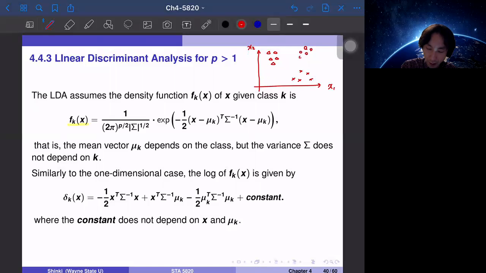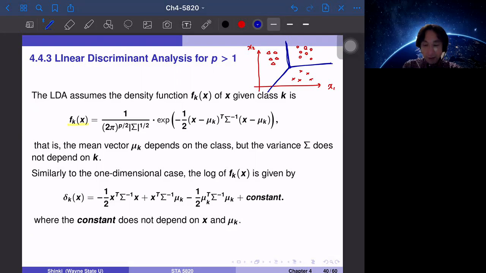What's the boundary? That is our interest. So probably the boundary should be like this. And actually, for linear discriminant analysis, these boundaries are all linear, so a straight line in the 2-dimensional case, and a flat plane for the 3-dimensional case, x1, x2, x3.